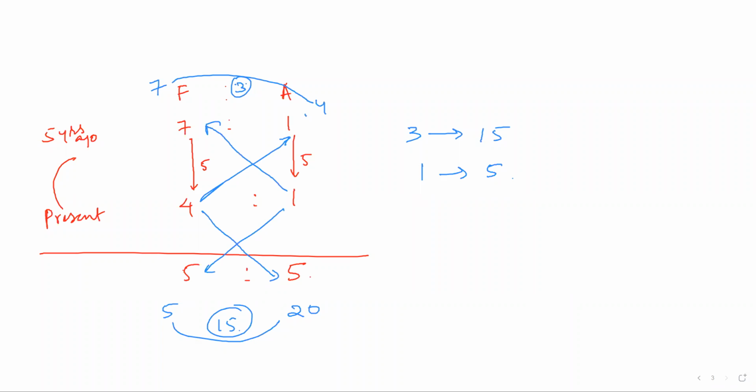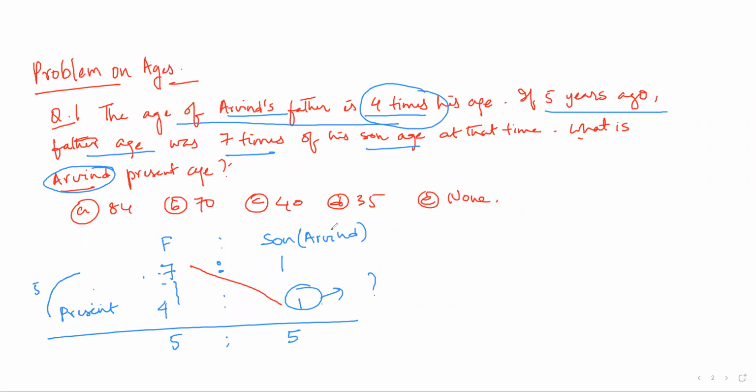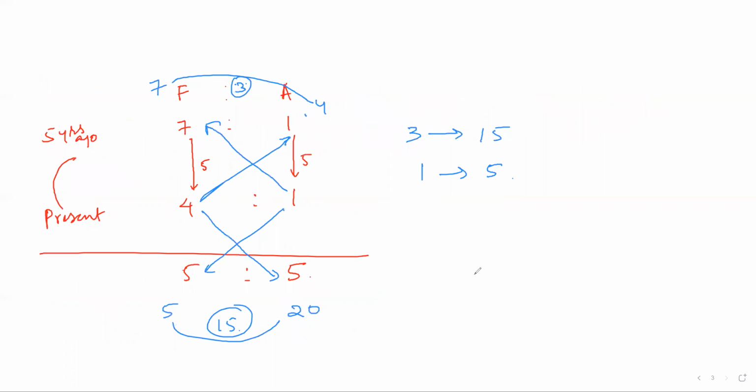Father's present age, Arvind's present age is 4 times. So 7's value is going to be 35. 1's value is 5.